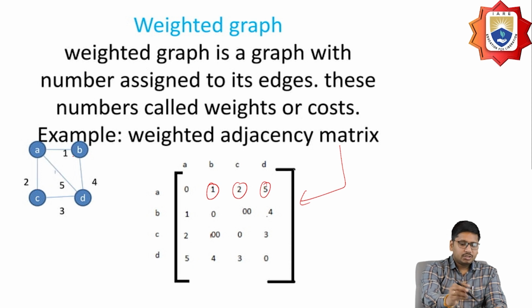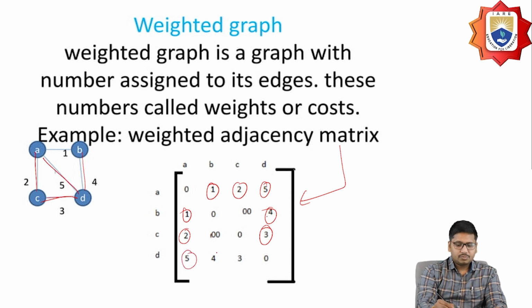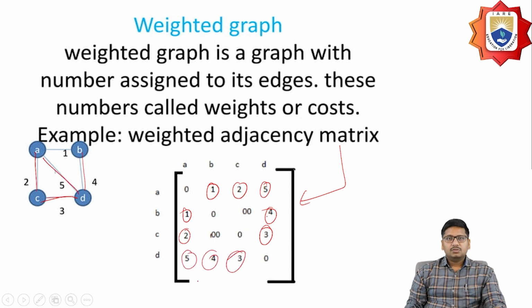Similarly, if I consider B here, B to A is 1 and B to D is 4. For C, C to A and C to D are 2 and 3, and for D it is 4, 3, and then 5. So the weighted adjacency matrix is filled with the weight values of the graph.